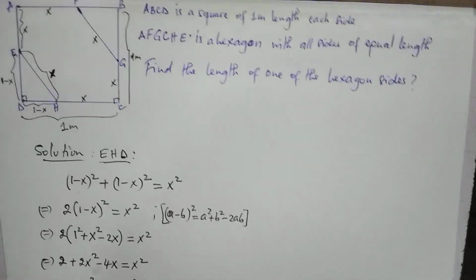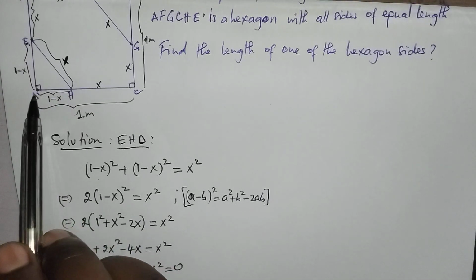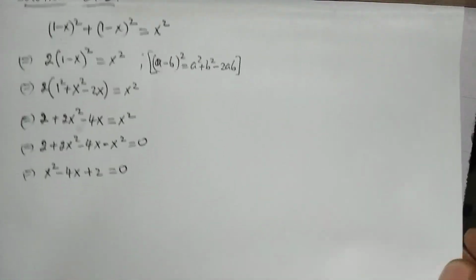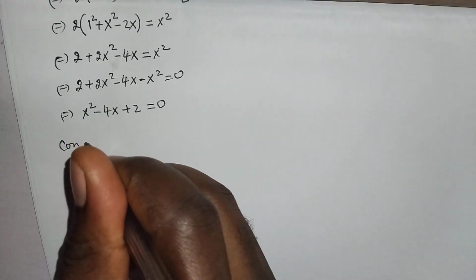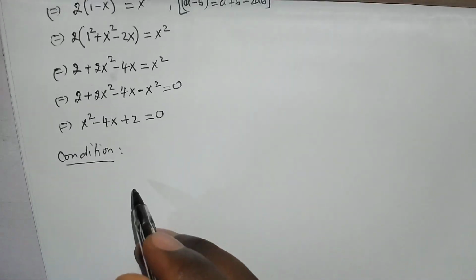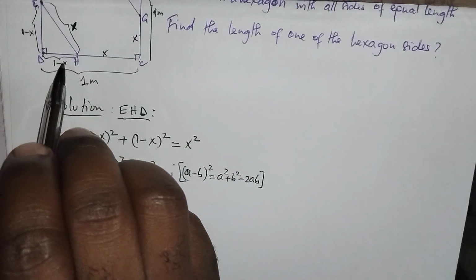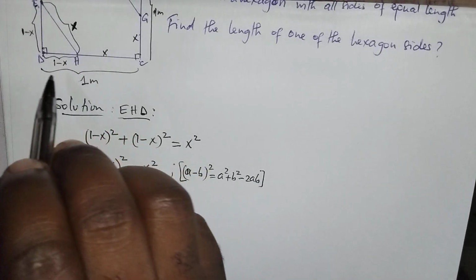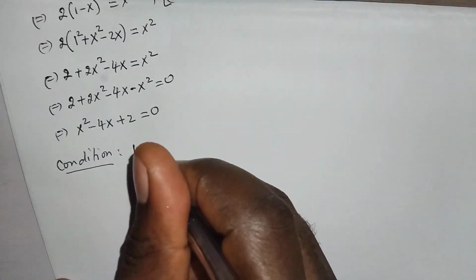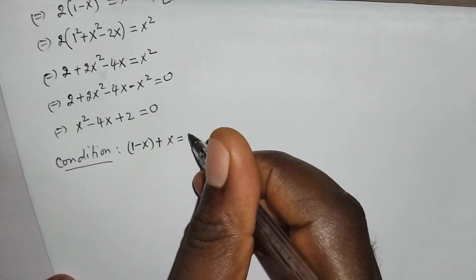From here on the figure, this side is 1 minus x, and the condition here is that 1 minus x plus x is equal to 1 meter.